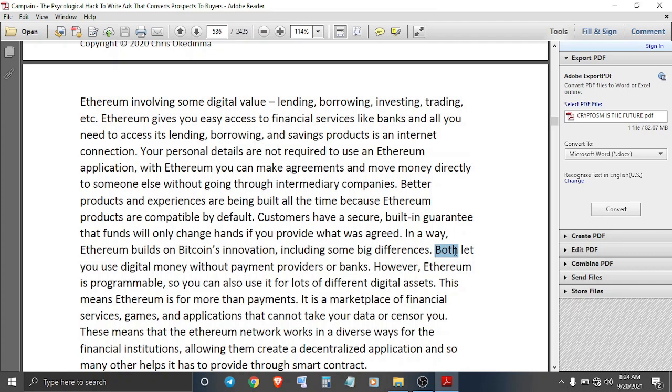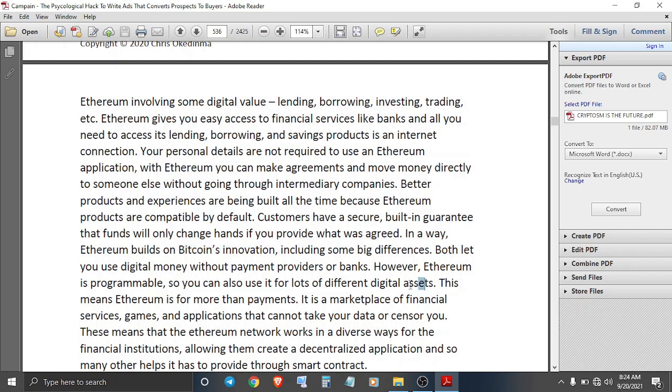Both Bitcoin and Ethereum let you use digital money without payment providers like the banks and companies. But Ethereum is programmable, so you can also use it for lots of different digital assets. This means that people can create their own coin or their own token on the Ethereum network, but they cannot create their own token with the Bitcoin network. This is the upgrade I'm talking about.